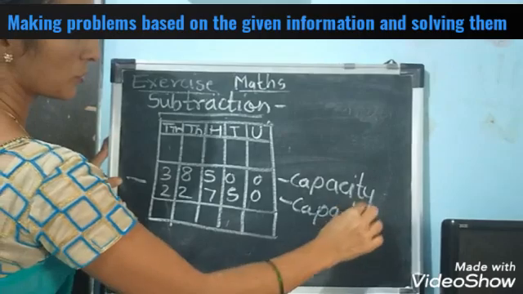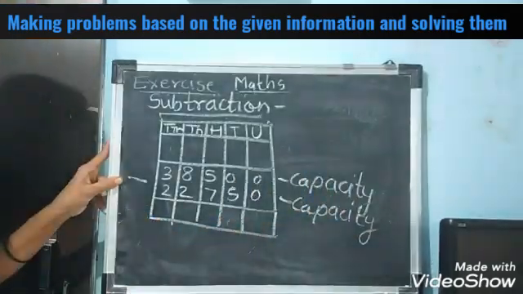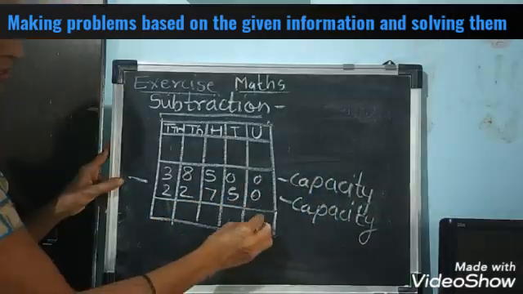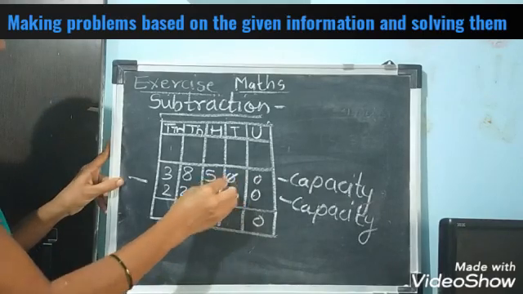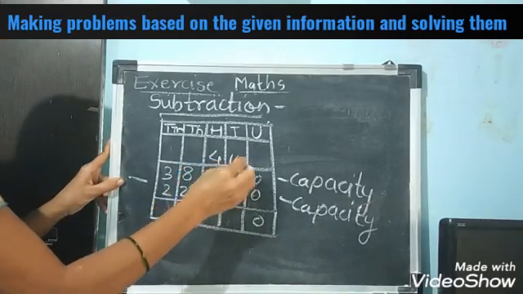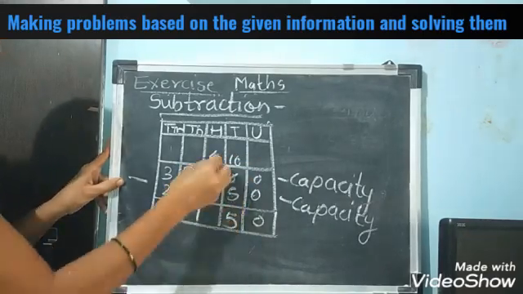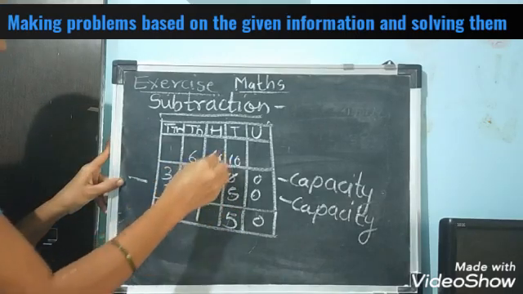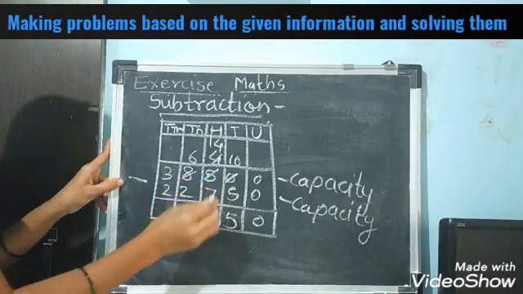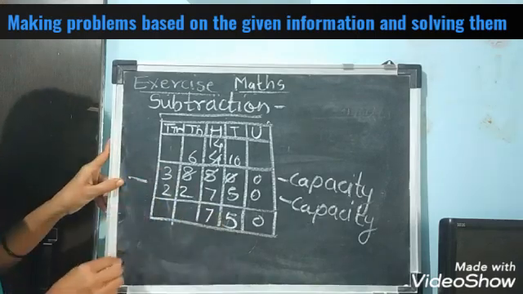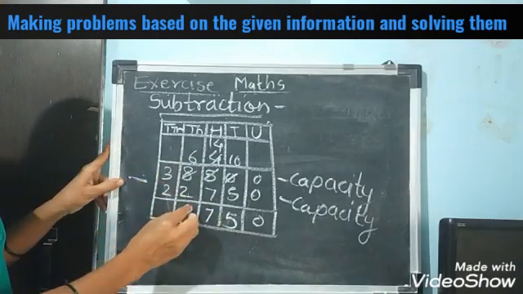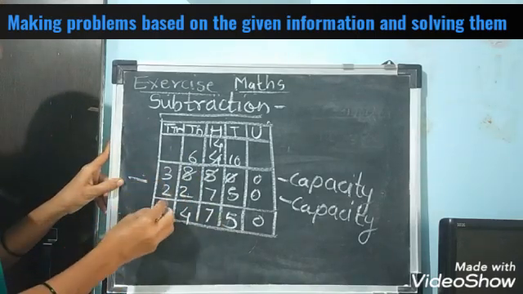This number also shows capacity. Always start from the unit place. 0 minus 0, 0. 0 minus 5 we can't do, so borrow from here. 10 minus 5, 5. 4 minus 7 not possible, so borrow from here. 14 minus 7, 7 is the answer. 6 minus 2, 4. 3 minus 2, 1.